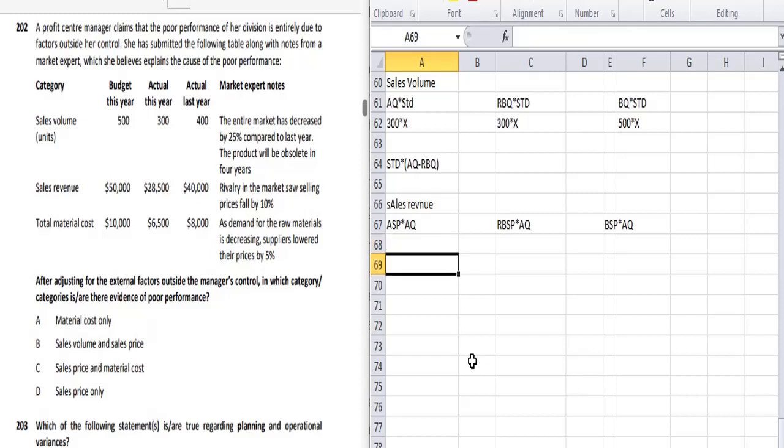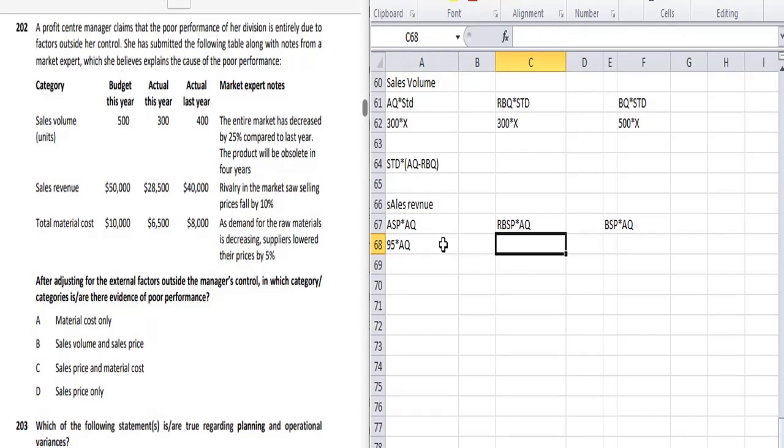So actual selling price we can calculate. How? What is the actual sales? 128,500, and we know the quantity is 300, so the actual selling price will be 95. Okay, so the actual selling price is 95. So 95 into actual quantity sold. And what's our budgeted selling price?